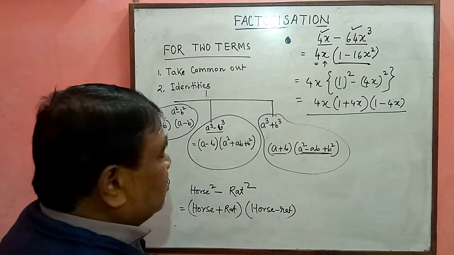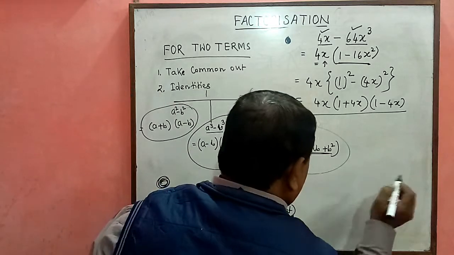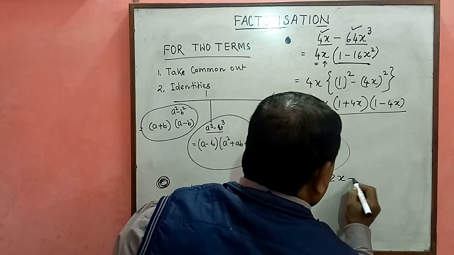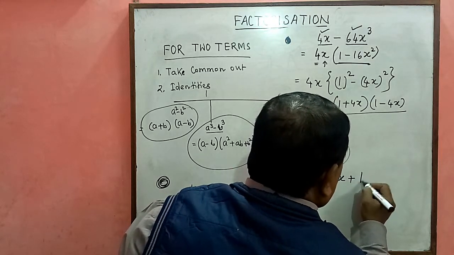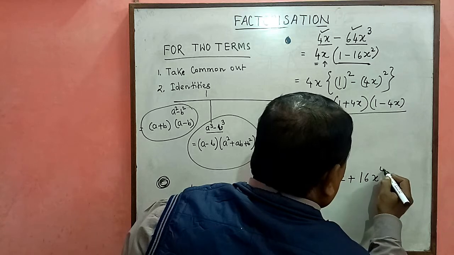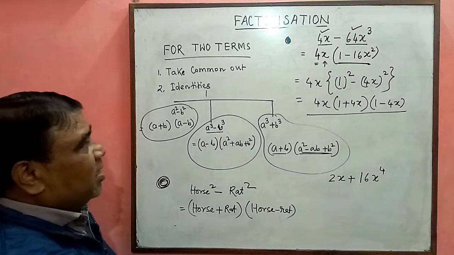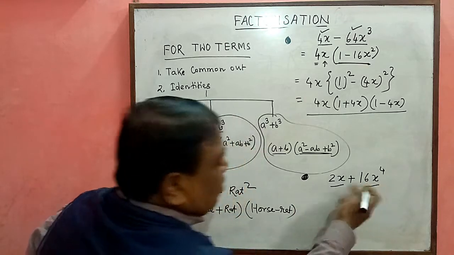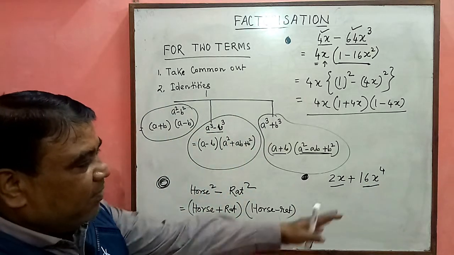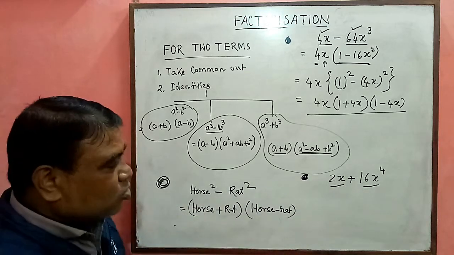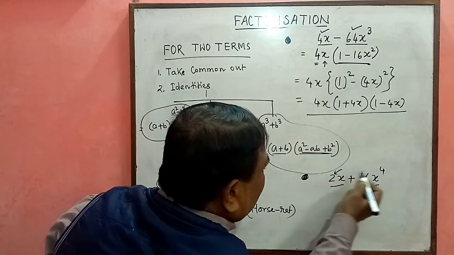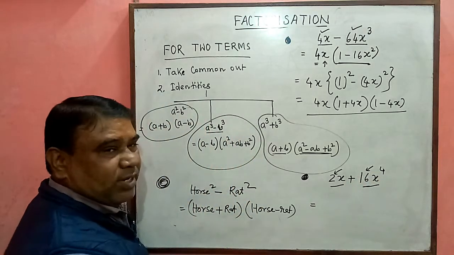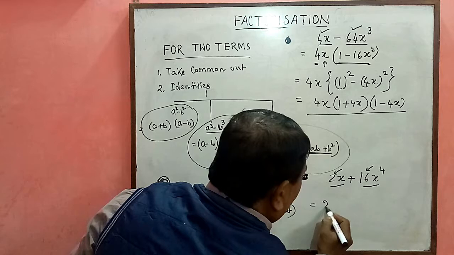Now if I talk about another example, let's say this is your 2x plus 16x to the power 4. Here you see, again we have a common factor between these two terms. So definitely we will take the common out. The HCF between 2 and 16 is 2, both are divisible by 2. So definitely 2 will be here.